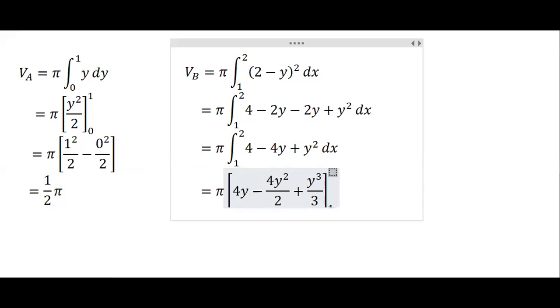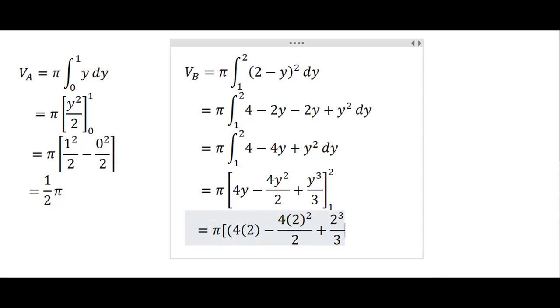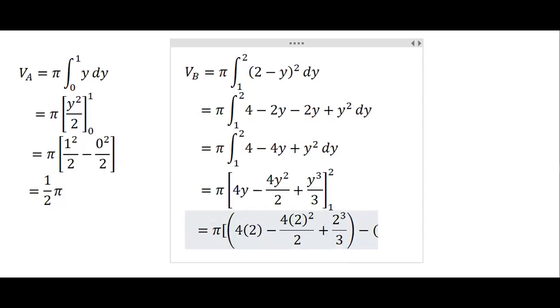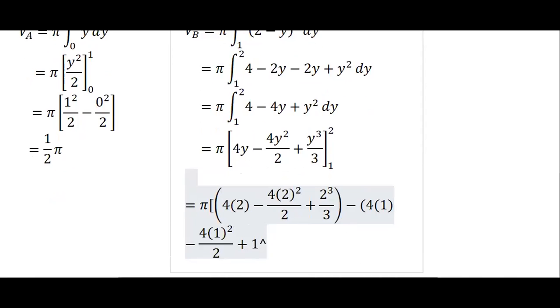Okay, from 1 to 2. 1 hingga 2. Okay, so let's put in the 2 and let's put in the 1. Oh, dy. Saya tertulis salah sudah. Thank you, is dy. Okay, so here we put in the 2 and 1. 4 times 2 minus 4 times 2 square over 2 plus 2 cube over 3 minus 4 times 1 minus 4 times 1 square per 2 plus 1 cube per 3.